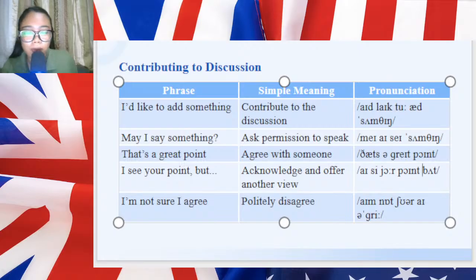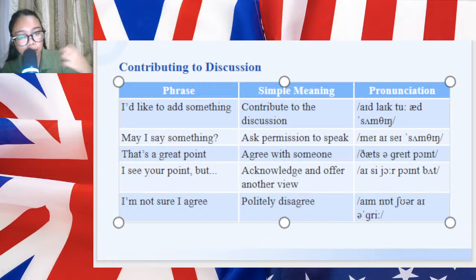So the term not sure introduces a degree of tentativeness. It makes your disagreement less confrontational and more open to further discussion. It invites the other person to perhaps explain their point further or consider your perspective. You can follow this with a brief explanation of why you are unsure about their idea.